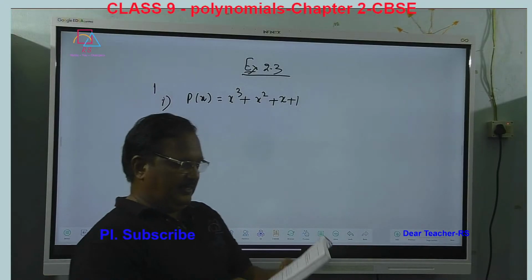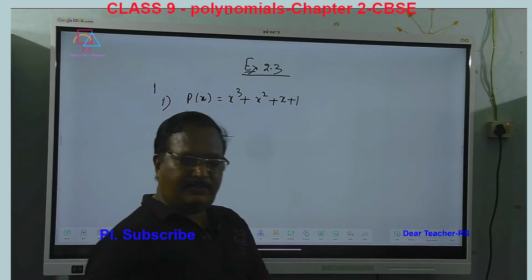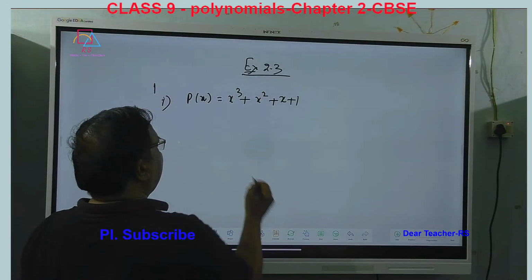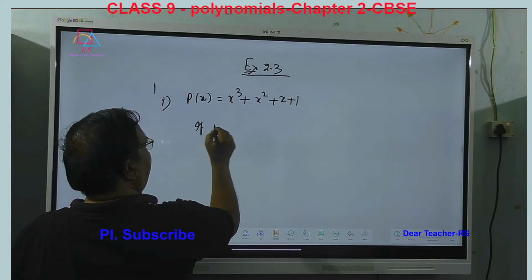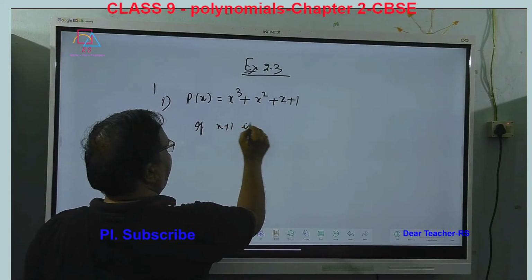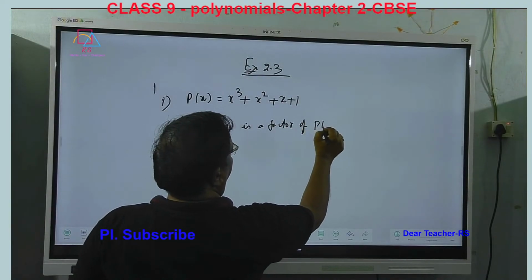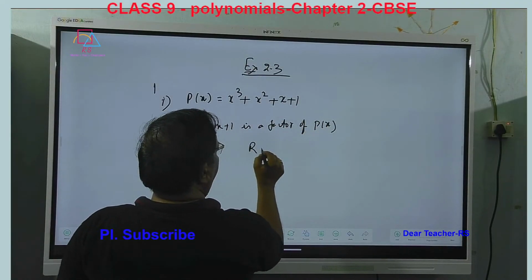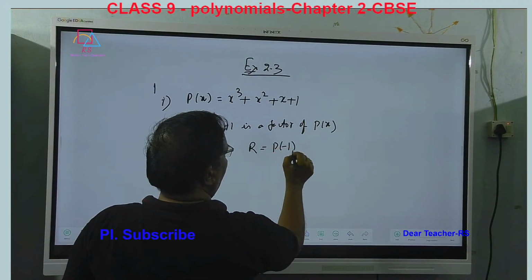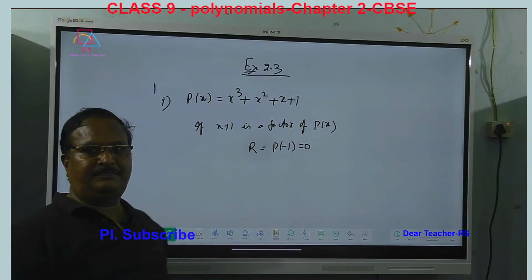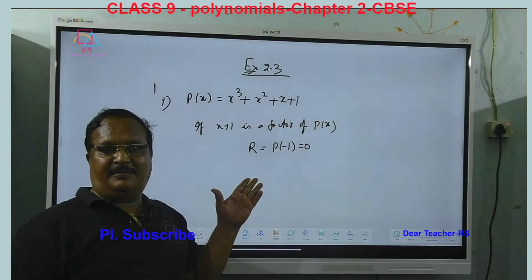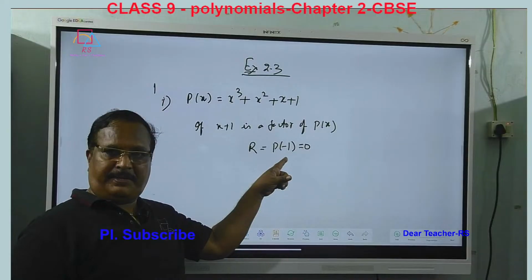If x plus 1 is a factor of P(x), then the remainder P(minus 1) should be equal to 0. This is the factor theorem.